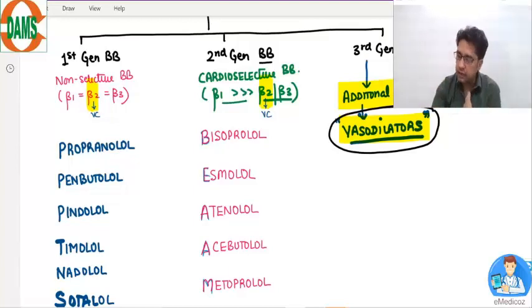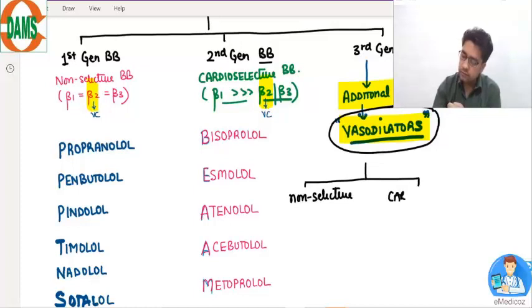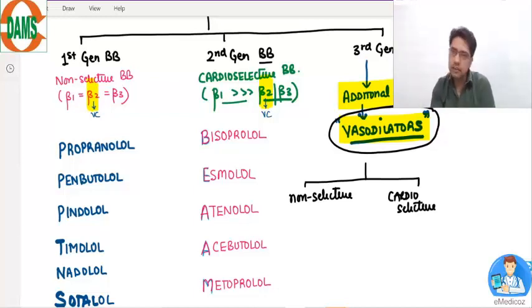Before coming to that, you'll write that third generation can be non-selective and can be cardioselective, but how are they different from first and second? They are vasodilators.